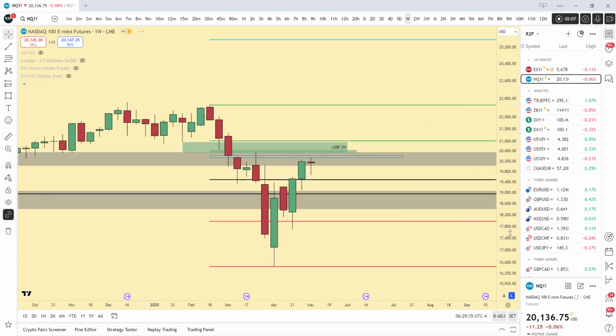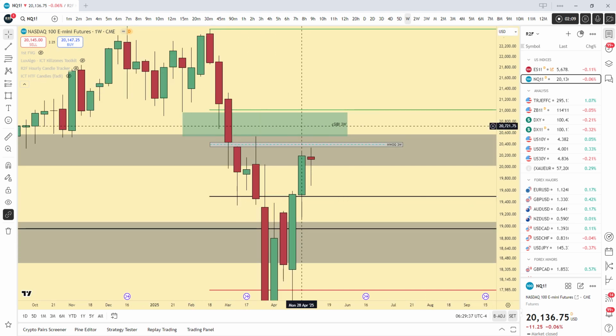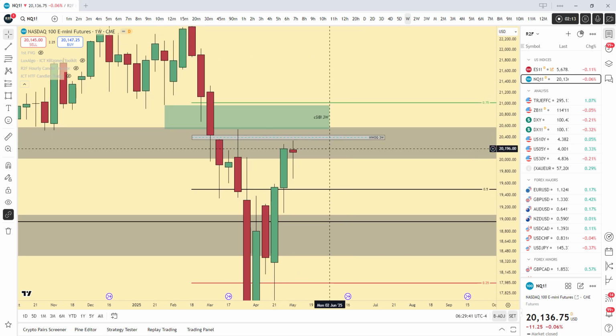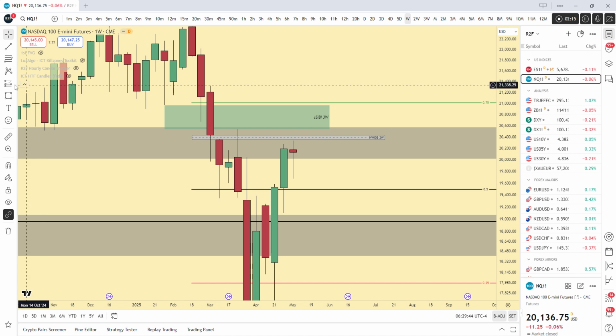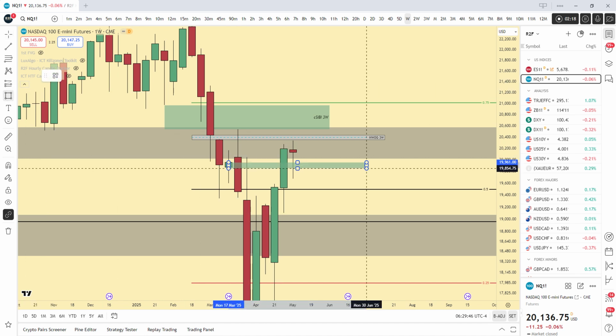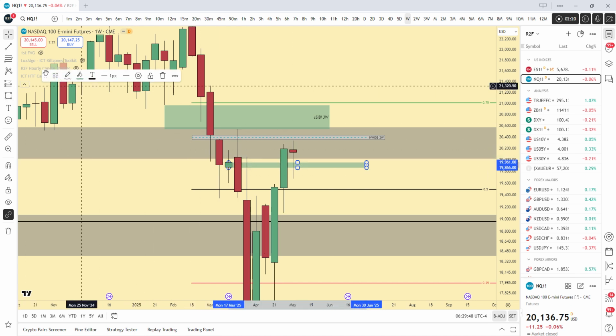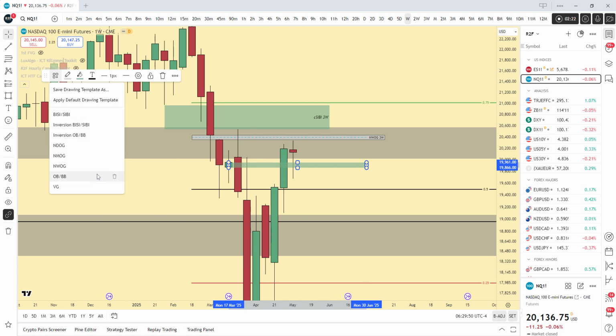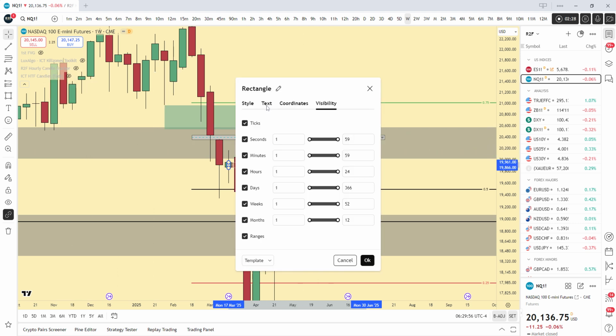2 week. Okay, I'm going to remove this 2 week and just basically be targeting this 3 week here. Okay. So I like what I'm seeing here. We have this reclaim order block. That's why I think we're going higher. Reclaim order block here.